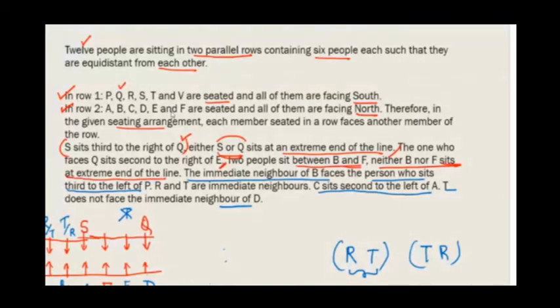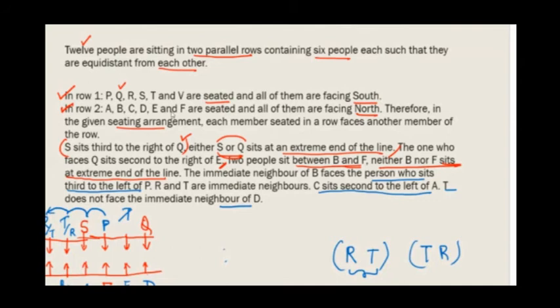Next, now let us talk about P. The immediate neighbor of B faces the person who sits third to the right of P. Now, third to the right of P, let me suppose if I take P, first, second, third, immediate neighbor of B. So this is not valid. So I'll take P here. If I take P here, first to the right of P, second to the right of P, third to the right of P. Now, in this case, can I take the immediate neighbor of B?